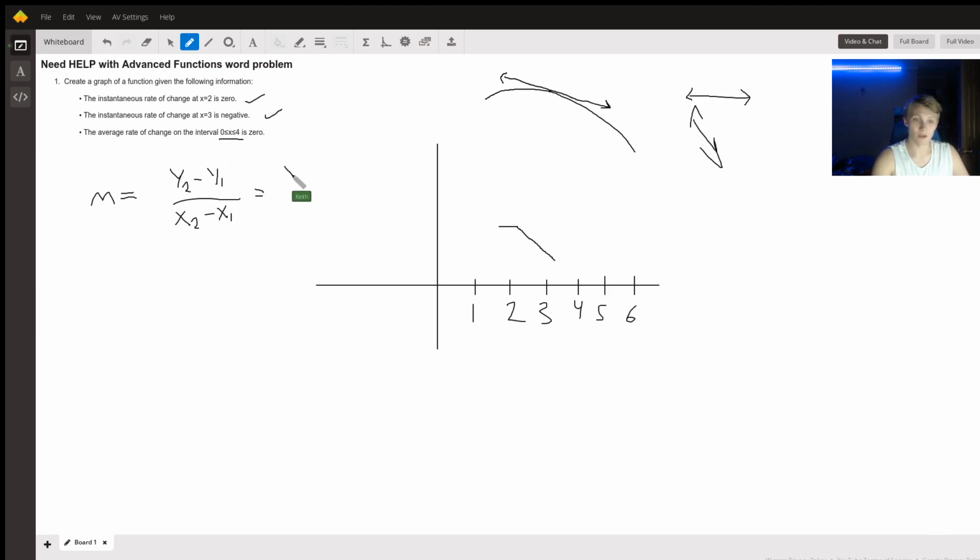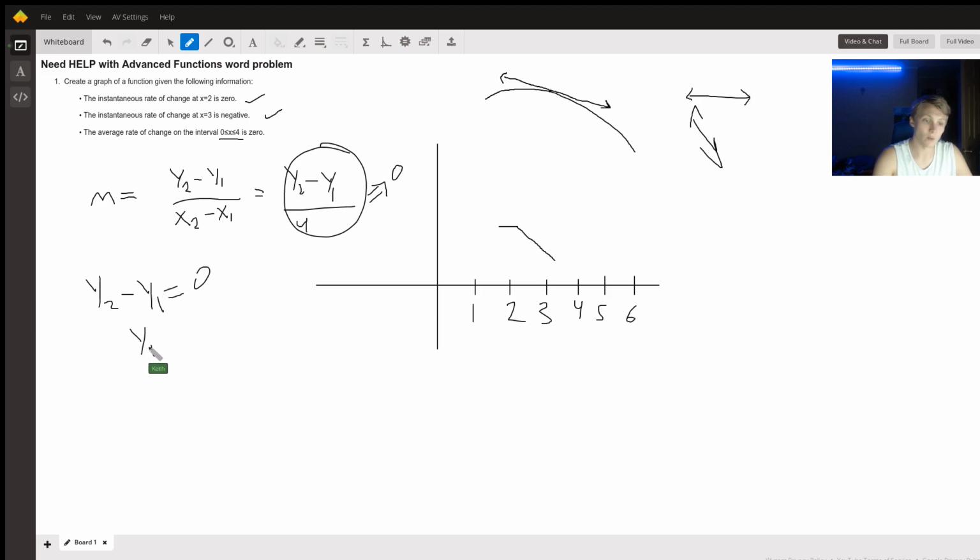So this is going to be y2 minus y1 divided by 4 minus 0, which is just 4. And we want this to be equal to 0, right? We need to set this equal to 0. Well, that only happens if and only if y2 minus y1 equals 0, which means that y1 equals y2, right?